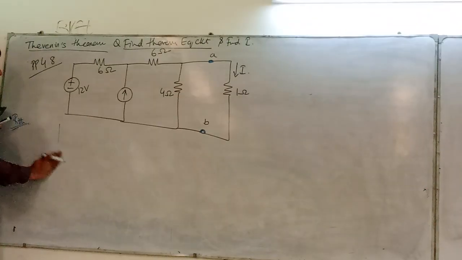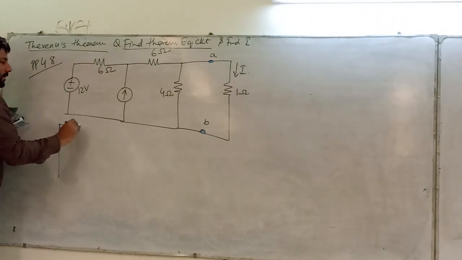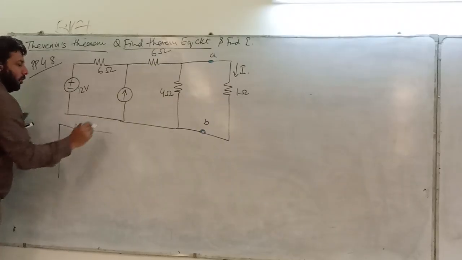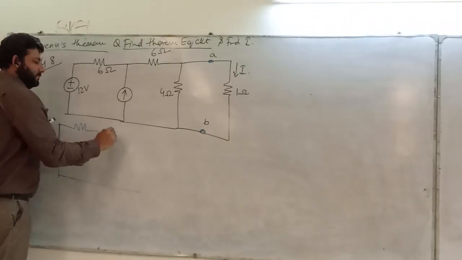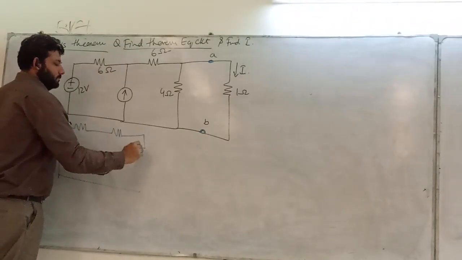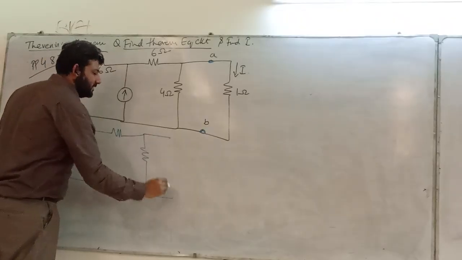So what should we do with the voltage source? Short circuit. Resistor is there. What we do with the current source? Open circuit. यहाँ पे क्या बचा?